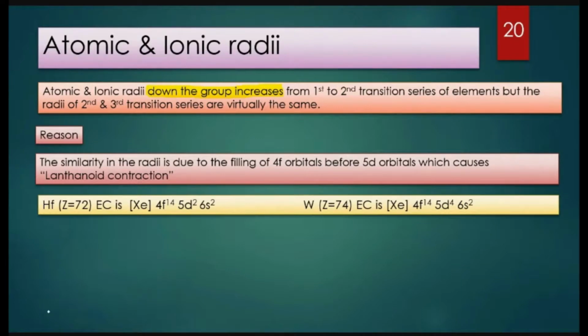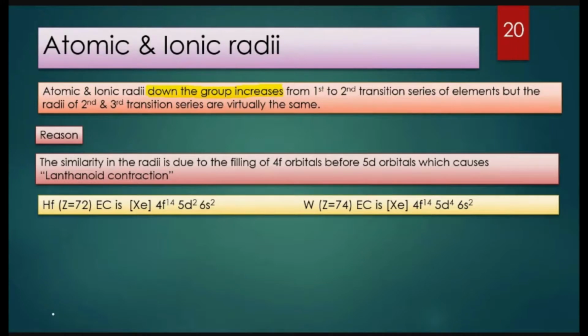Hafnium, whose atomic number is 72, has the electronic configuration xenon core 4f14 5d2 6s2, and on the other hand we have tungsten, whose atomic number is 74 and its electronic configuration is xenon core 4f14 5d4 6s2. See here, both the elements have completely filled 4f orbitals.